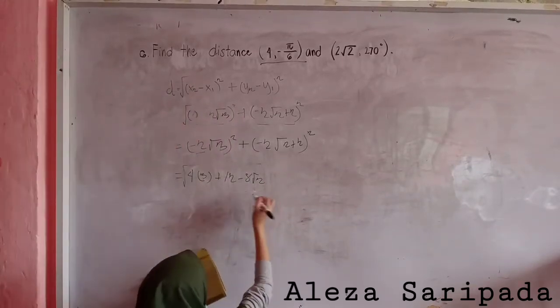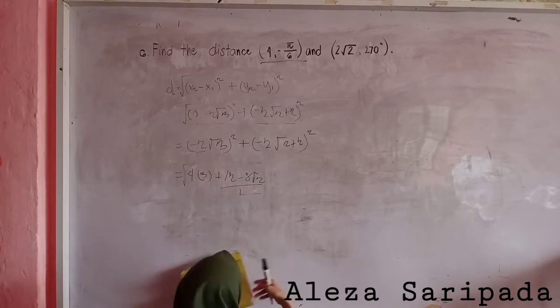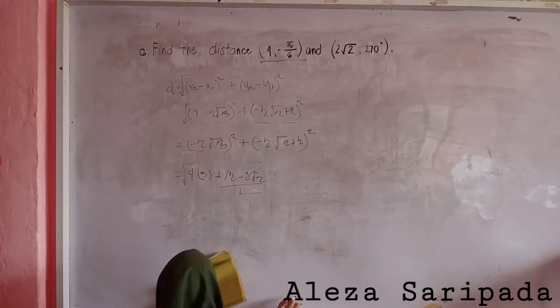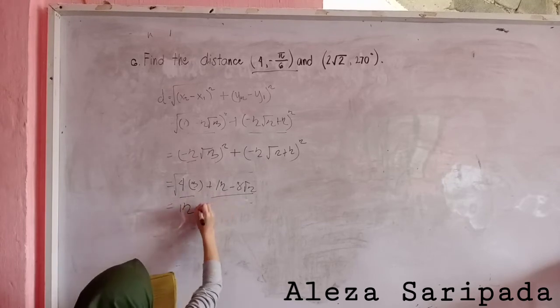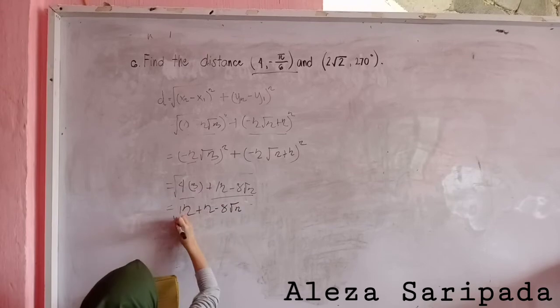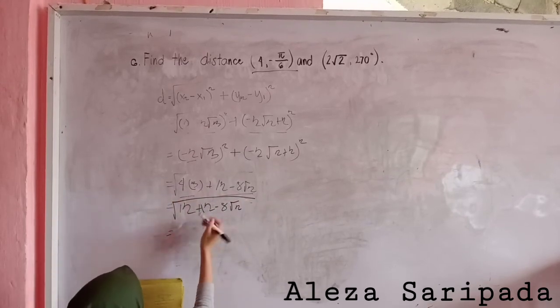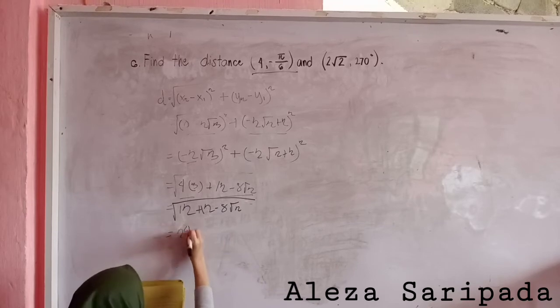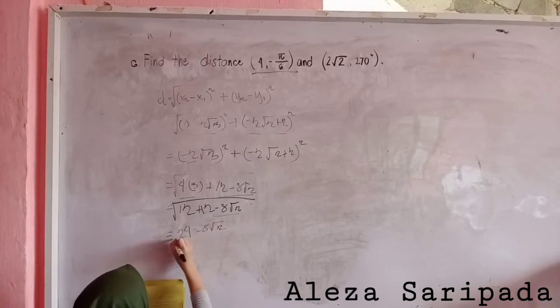To find this one, we need to use FOIL method. Times lang po ito, then 12, bring down 12, negative 8 square root of 2. Then, i-plus 24, bring down this one, negative 8 square root of 2.